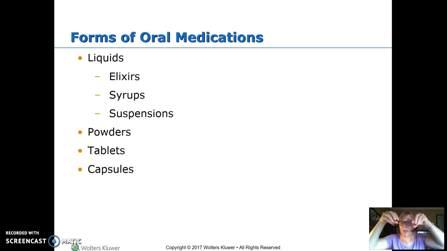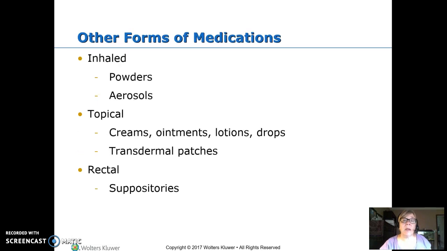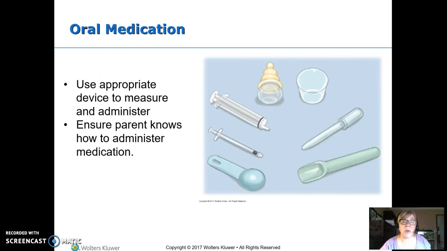Capsules, a lot of them will open and dump out. Maybe dissolve it in water, or maybe put it on a spoonful of purees or applesauce or something. Meds that we use with kids also come as powders and aerosols.